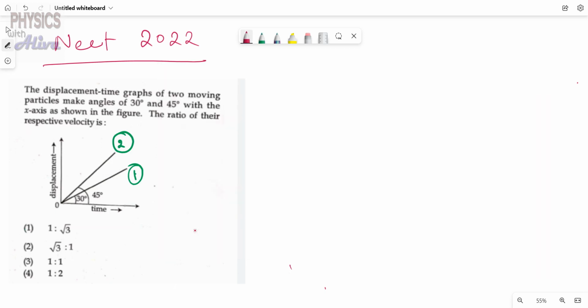Here I will discuss more concepts regarding this. When the graph between displacement and time is given and we are calculating the slope, then we will get velocity. Okay.